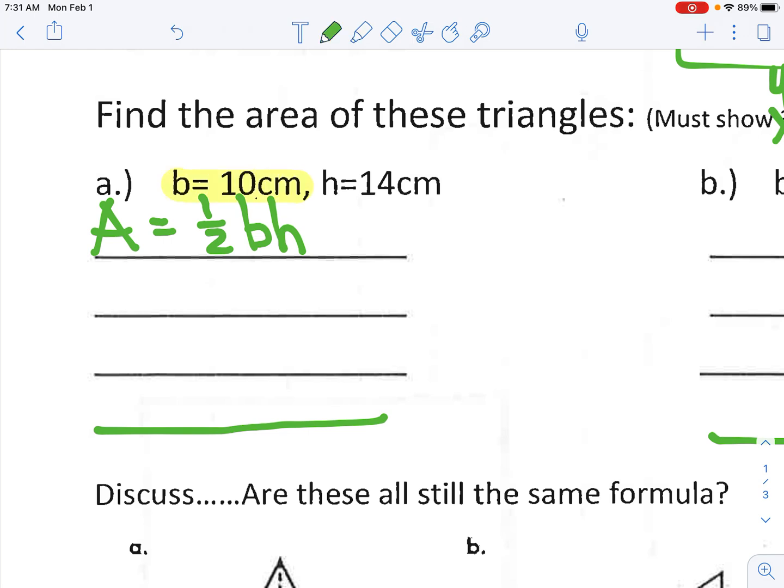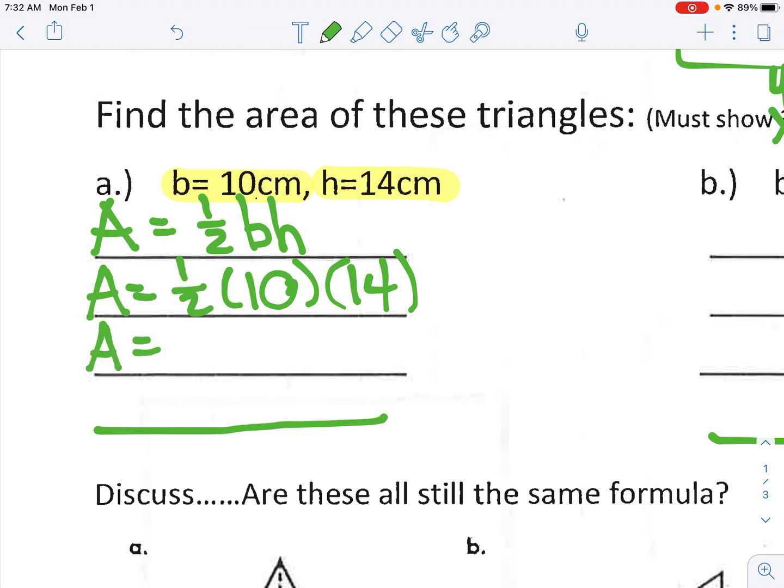Now I can clearly see it says the base is 10 centimeters. So area is going to be half of 10 times, and it says my height is 14 centimeters. So this can be mental math. Remember, we've talked a lot this year about how when you multiply any number times 10, all you have to do is add that 0. So I'm going to add a 0 to the number 14. So that's going to be 140. Half of 140.